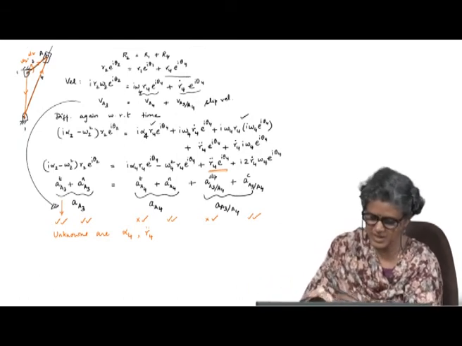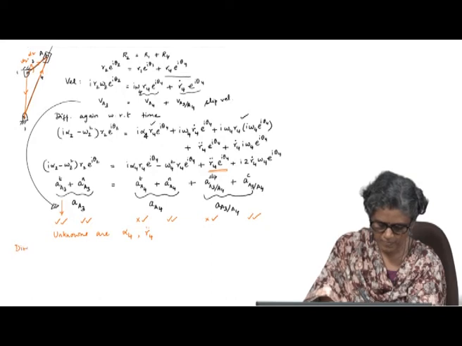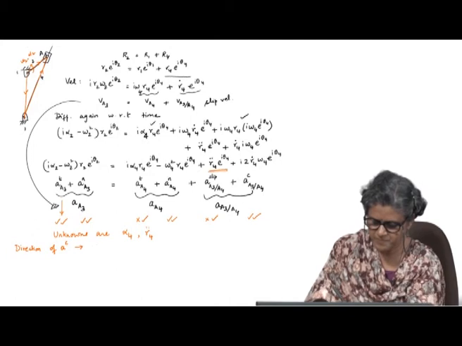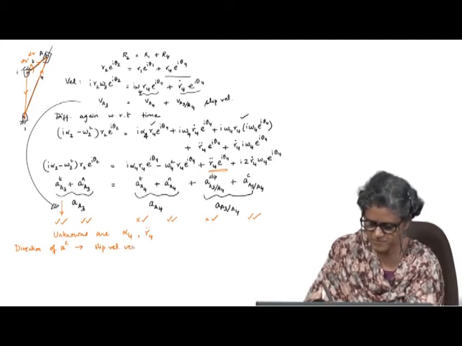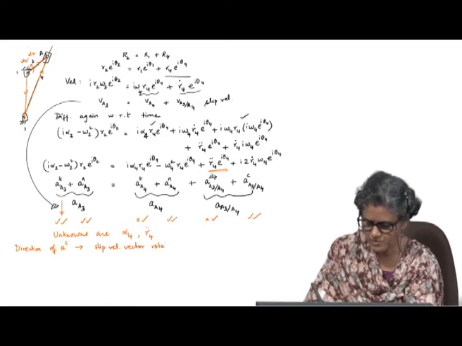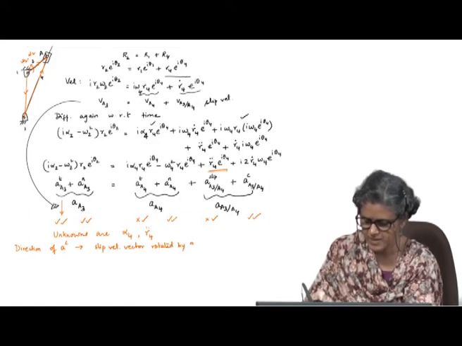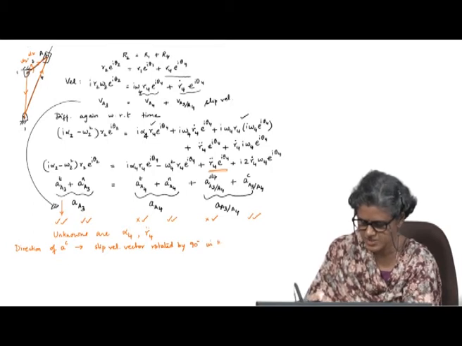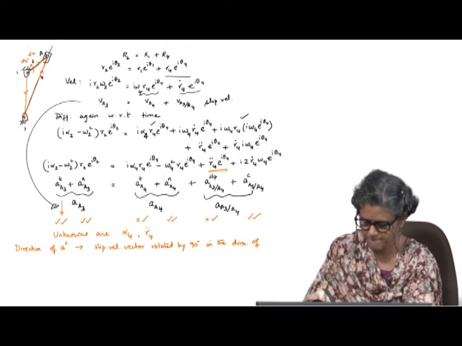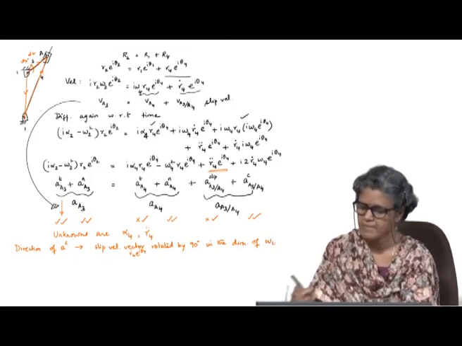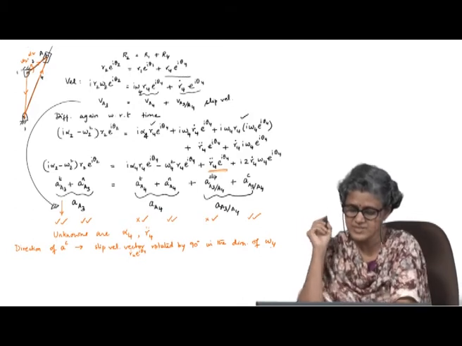Okay. So, the direction of the Coriolis acceleration will be given by the slip velocity vector rotated by 90 degrees in the direction of omega 4. That will be the direction of the Coriolis acceleration.